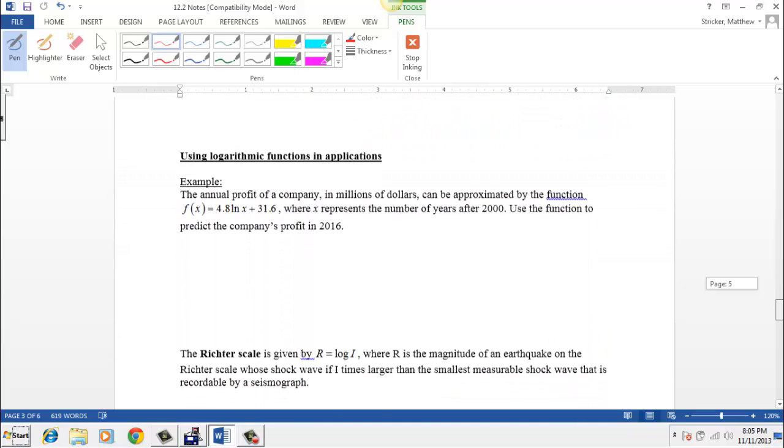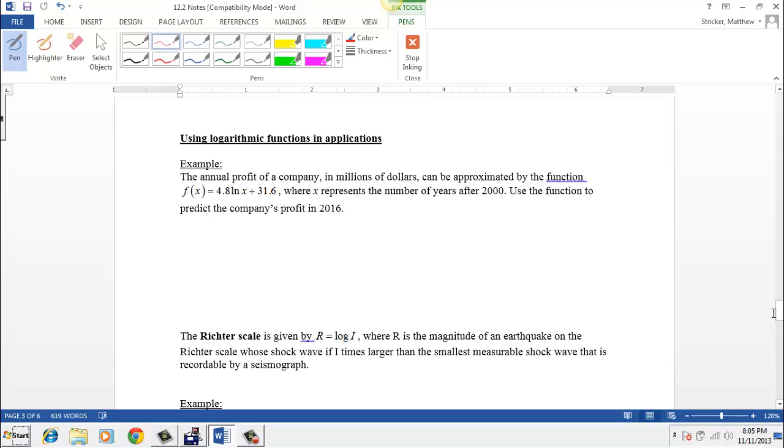And lastly, we have a few applications here. The first one says the annual profit of a company in millions of dollars can be approximated by the function f of x equals 4.8 times the natural log of x plus 31.6, where x represents the number of years after 2000. It says use this function to predict the company's profit in 2016.